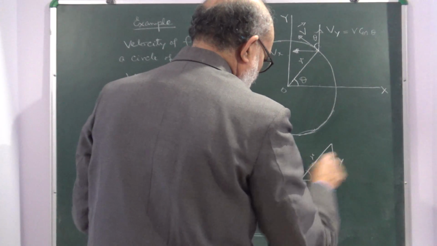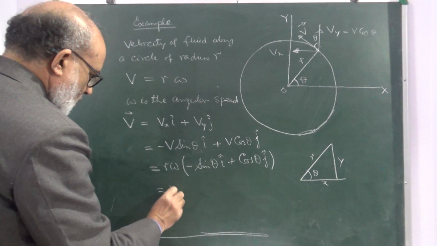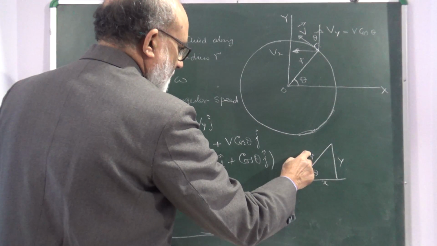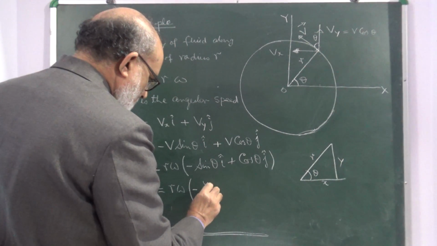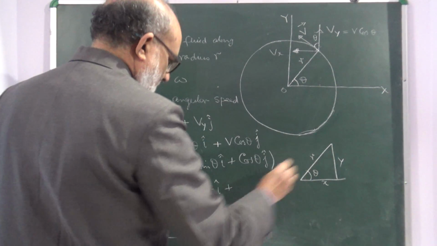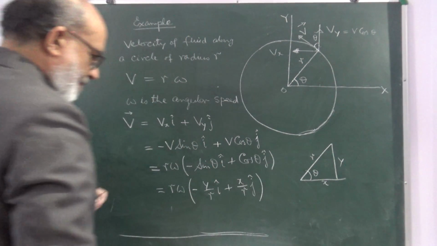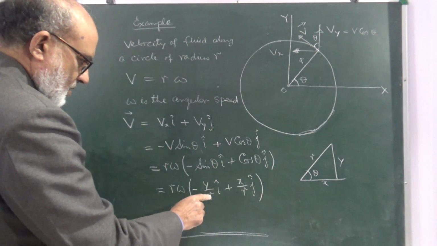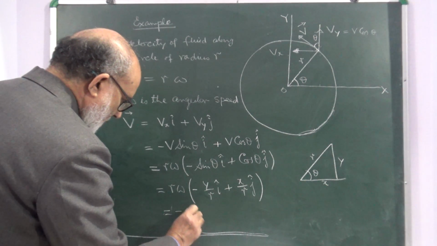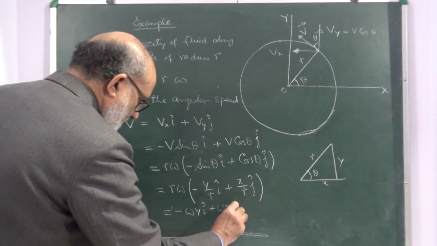So sin theta is equal to perpendicular by hypotenuse, y by r, and cos theta is base by hypotenuse, so x by r. So r and r will cancel out, and you are left with minus omega y i plus omega x j.